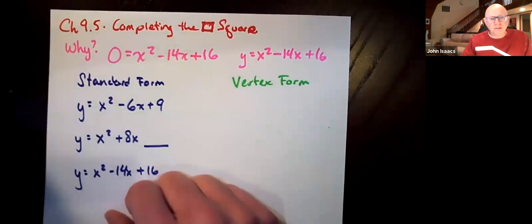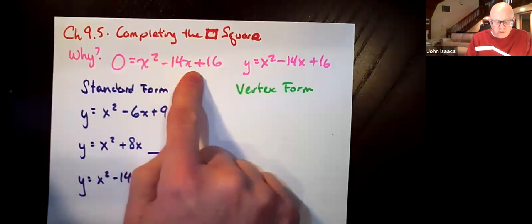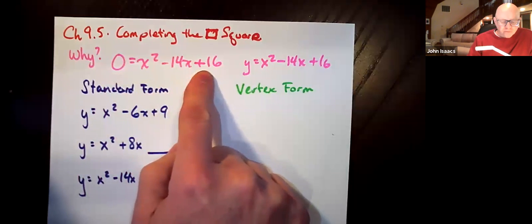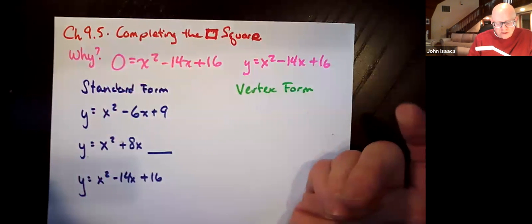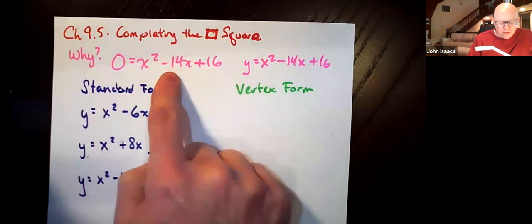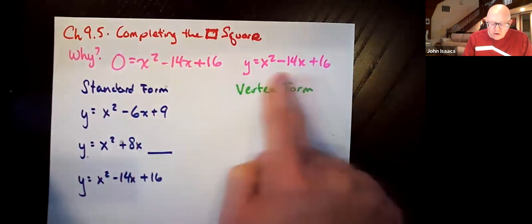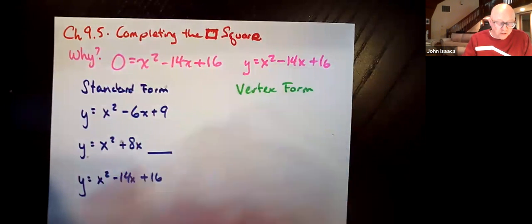Another thing is, what if you have an equation like this, 0 equals x squared minus 14x plus 16? Well, it appears that you would want to factor this. But if you go and try to factor it, the factors of 16 will never add up to negative 14. So you can't factor this equation, nor can you factor it if you're looking to graph it.